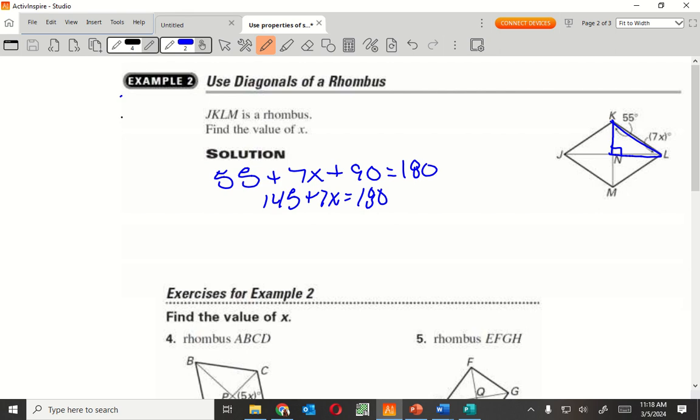I have to subtract 145 from both sides. 7x is equal to 35.